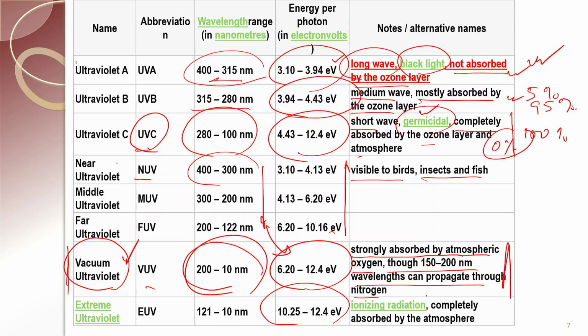So, ionizing radiation completely absorbed by the atmosphere. So, if the wavelength is lower, then the absorption will be higher, although they carry the higher energy.